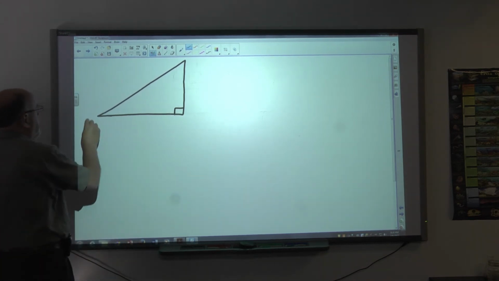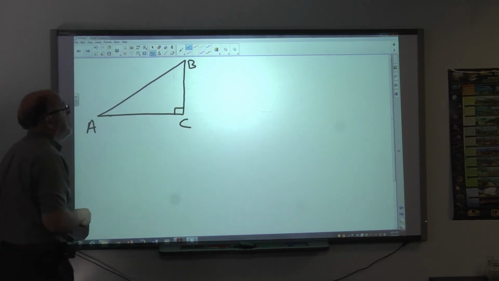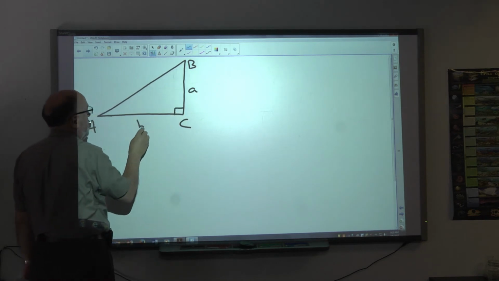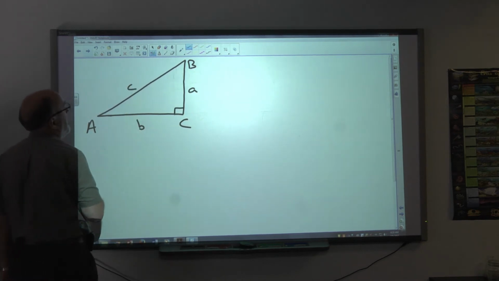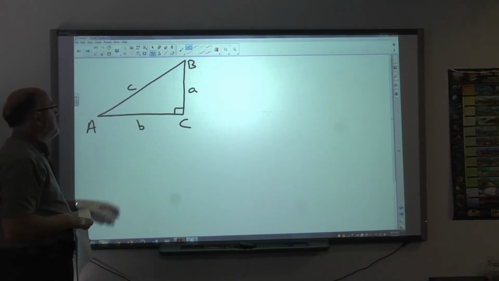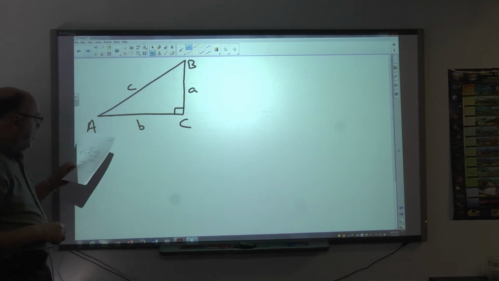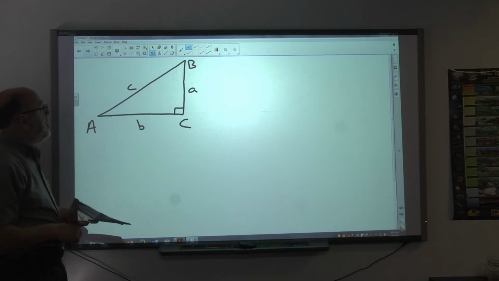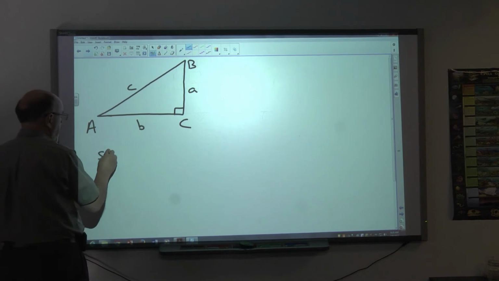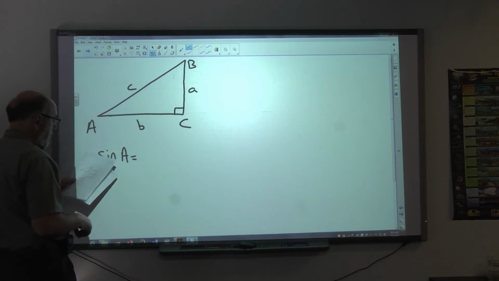And so we'll call this A. This would be B, and then this would be C. Side A is opposite angle A. Side B, opposite angle B. And side C, opposite angle C. So the vertexes are in terms of the capital letters, the sides are in terms of the lowercase letters. Right? So we get to our trig functions. Right? And so the sine of A is given by opposite over hypotenuse.